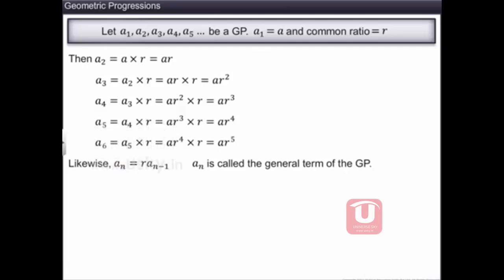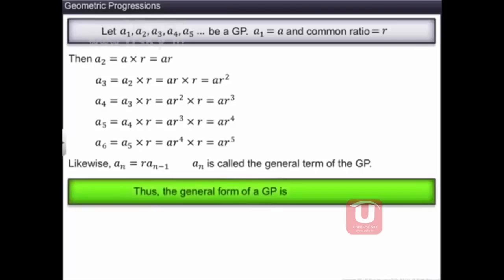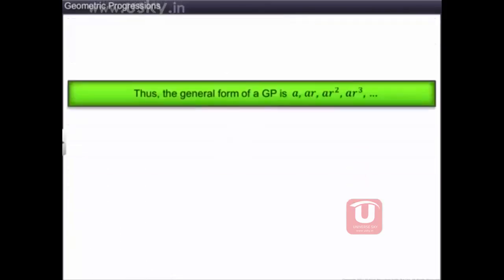Now notice that the terms of a GP follow some definite pattern as shown. The first term, a, can be written as a into r raised to the power of 1 minus 1. The second term, a into r, can be written as a into r raised to the power of 2 minus 1. The third term, a into r square, can be written as a into r raised to the power of 3 minus 1.